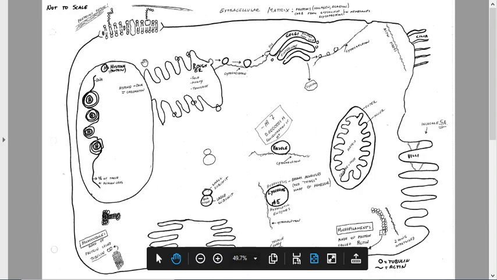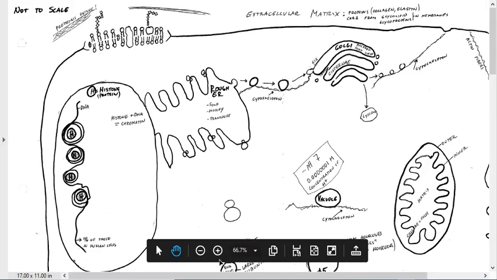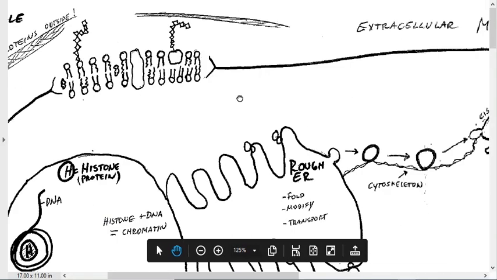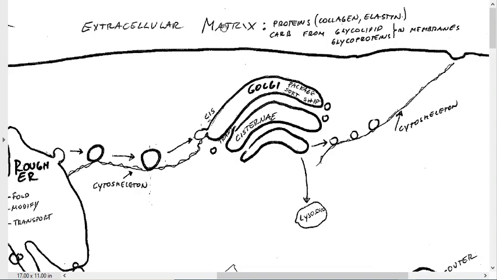So let's go ahead and start with the extracellular matrix up here on the top. I am going to go ahead and zoom in. Outside of the cell is what's called the ECM, the extracellular matrix, and that consists of a variety of different proteins. Those proteins could be collagen or elastin.